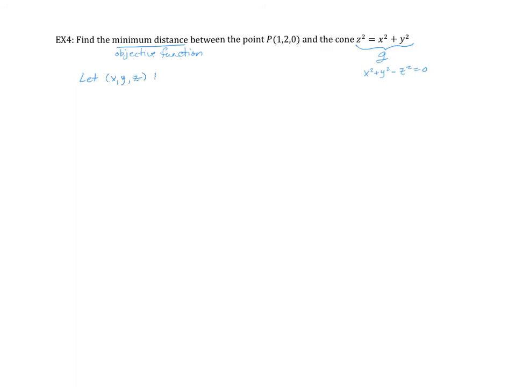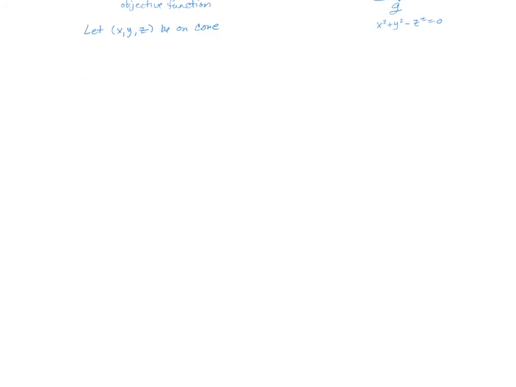So let xyz be on our cone. So my objective function is the distance function. It'll be the distance from xyz to my point 1, 2, 0, which will simply be x minus 1 squared using our distance formula, plus y minus 2 squared, plus z minus 0 squared, or just z squared.